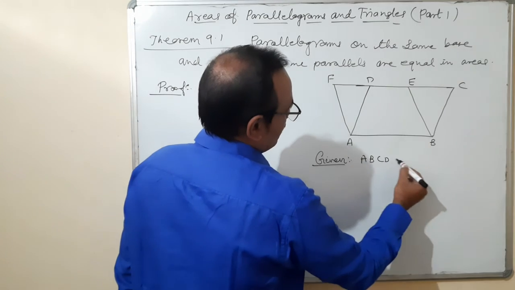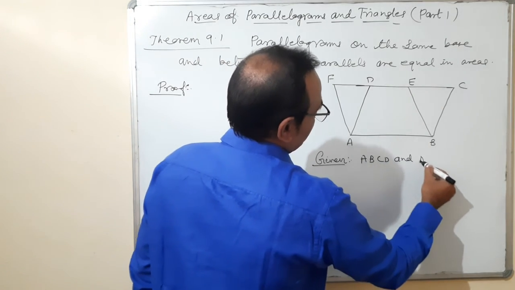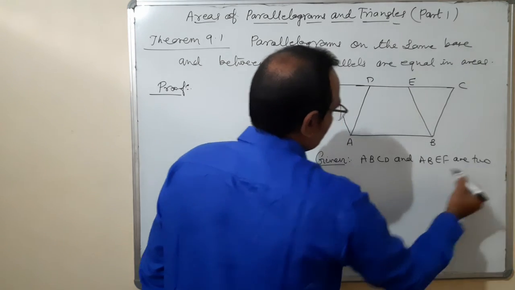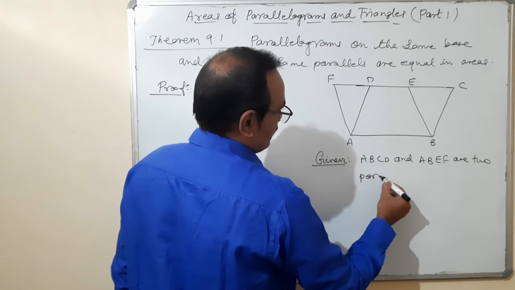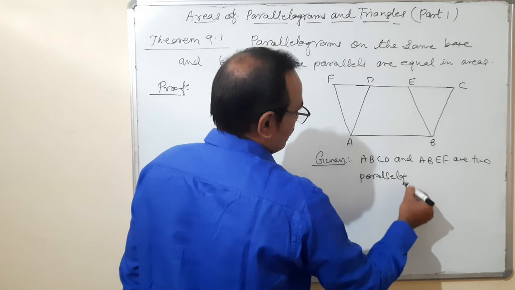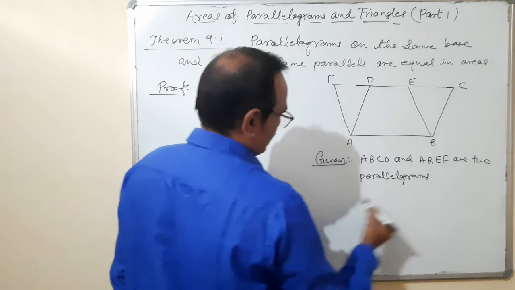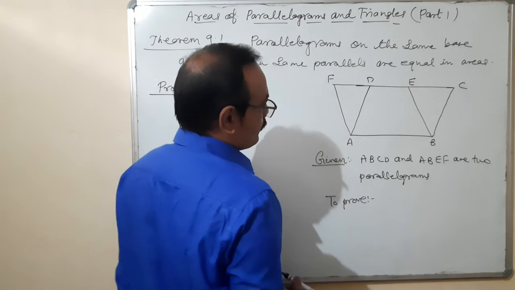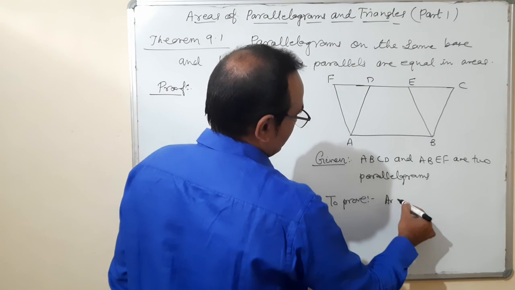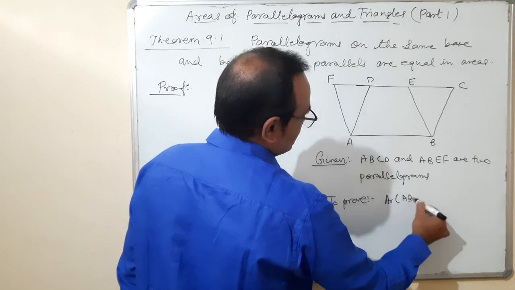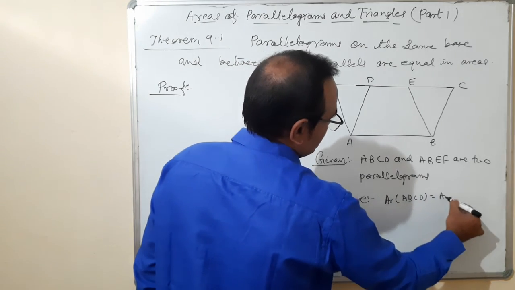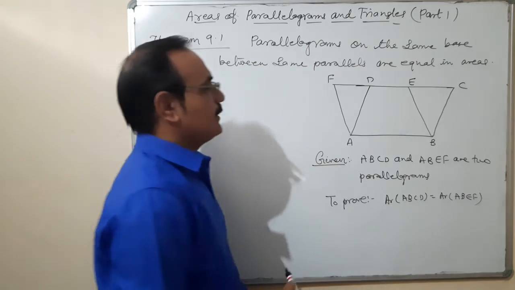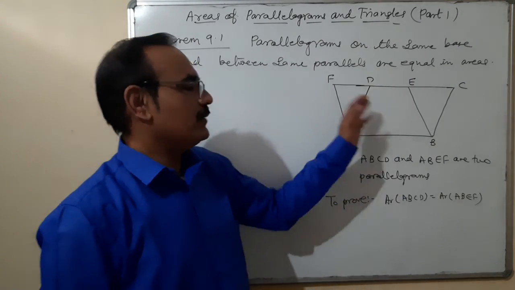ABCD and ABEF are two parallelograms. To prove, we are going to prove that area of ABCD is equal to area of ABEF.